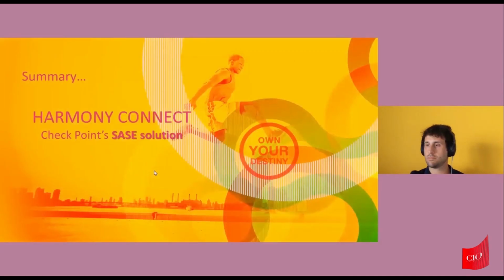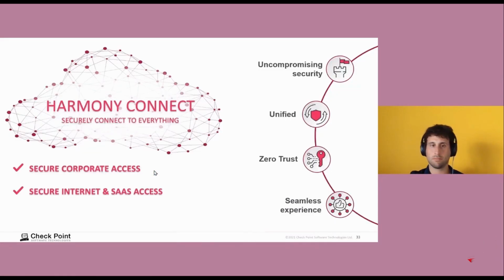So we have about 7 minutes left. Just to quickly summarize, we've talked about Harmony Connect. We've looked at some of the guiding principles for Harmony Connect, what we're doing to address security, unification, zero trust, and user experience.